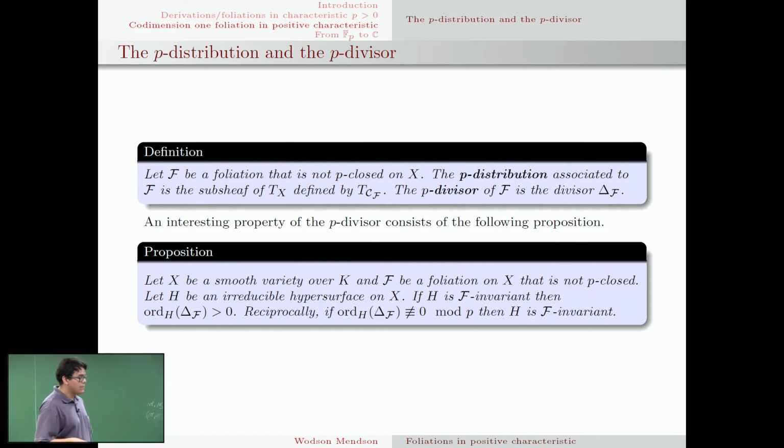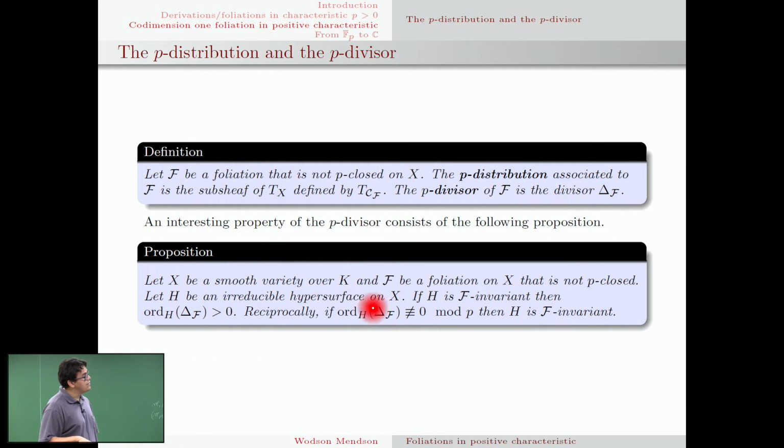which says that if you have a foliation that is not p-closed, and you have an irreducible hypersurface in X, then if the hypersurface is invariant, we have this. If you look at the order of this hypersurface in the divisor, it is not 0.